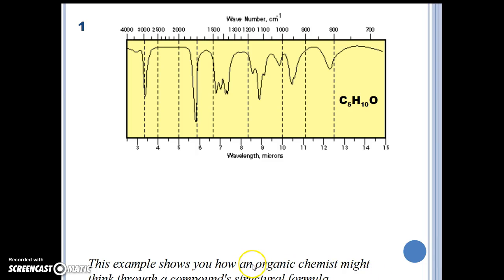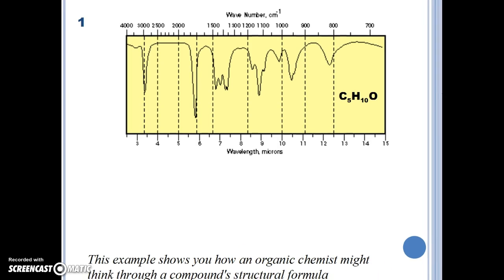This example shows you how an organic chemist might think through the structural formula of a compound. And this is C5H10O. We have a molecular formula but not a structural formula. We would go through and find these various absorbance peaks and associate the wave numbers with the tables and see exactly what we have.